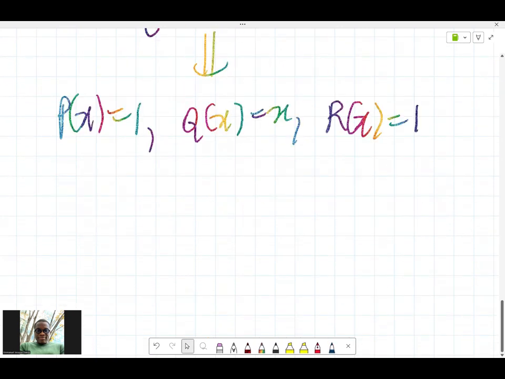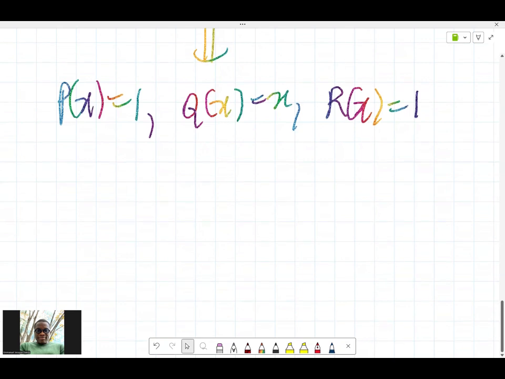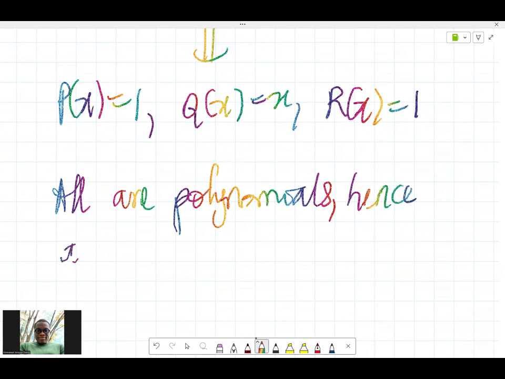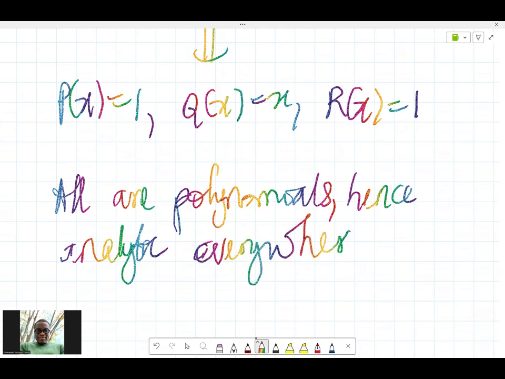In all these cases, we see that all are polynomials, hence analytic everywhere. Since they're polynomials, they're analytic everywhere.